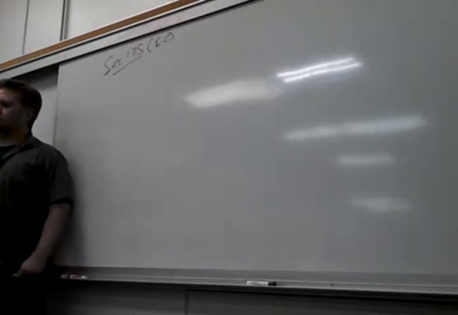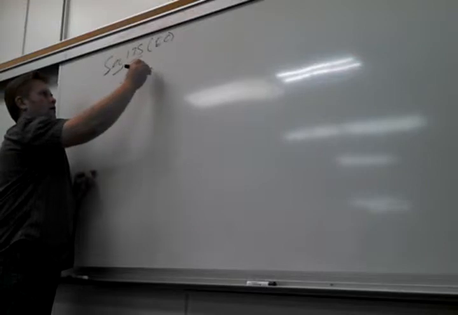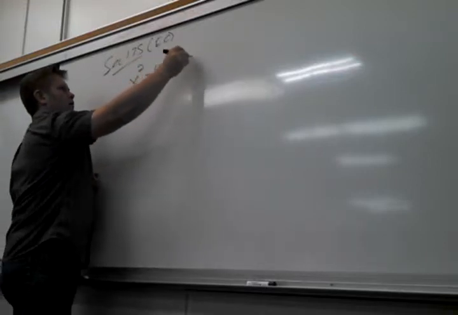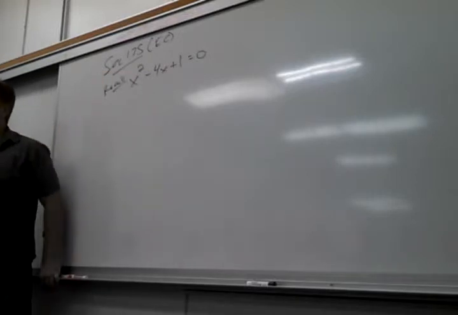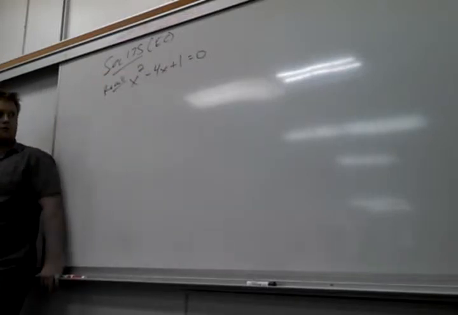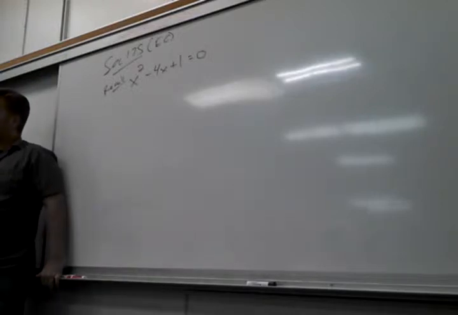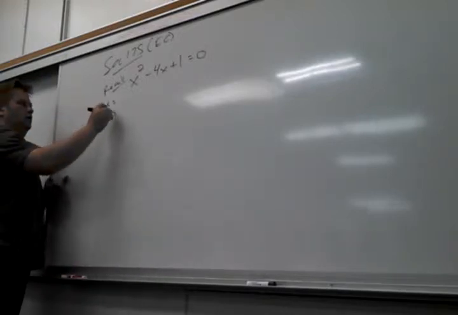But real quick, I want to show you a couple examples. Now this is not what this section is about. This is old news. How would you solve this? Quadratic, right? And what would a and c be?